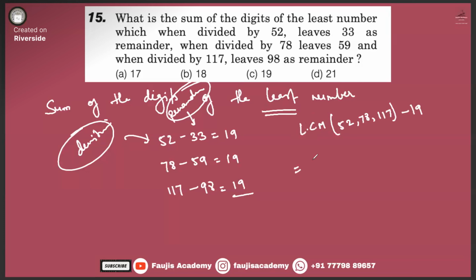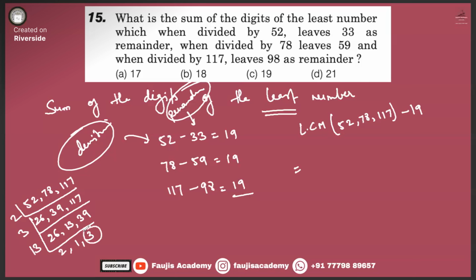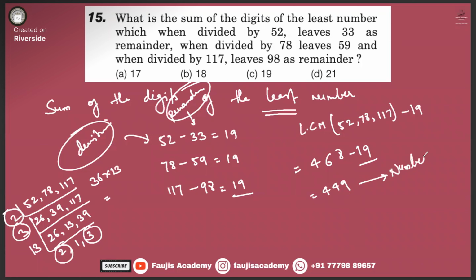What is the LCM? 36 into 13 is how much, guys? It's 468. Minus 19, that means 449. This is that particular number that we were supposed to find.